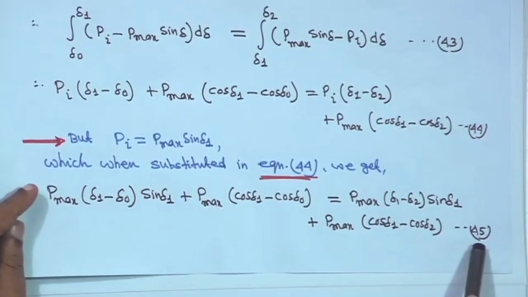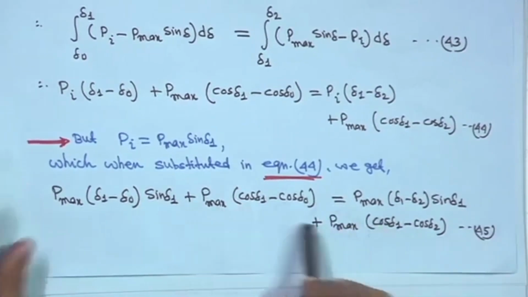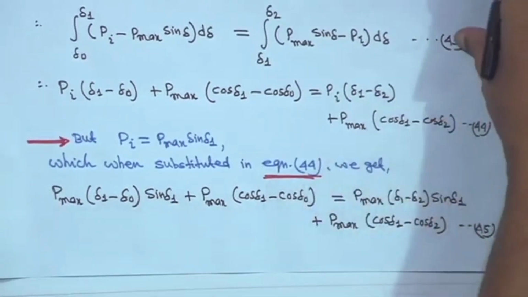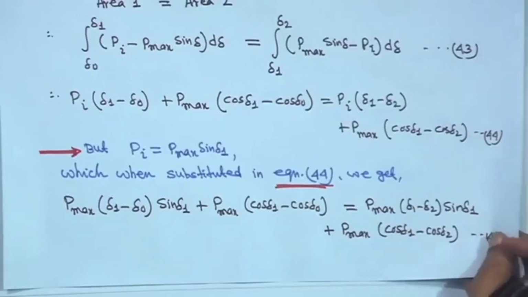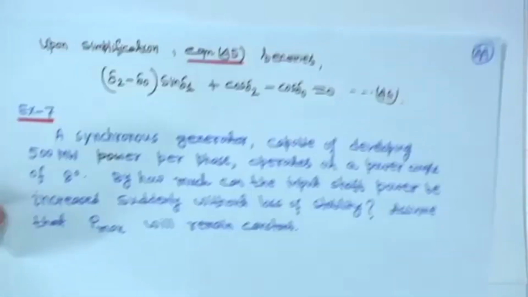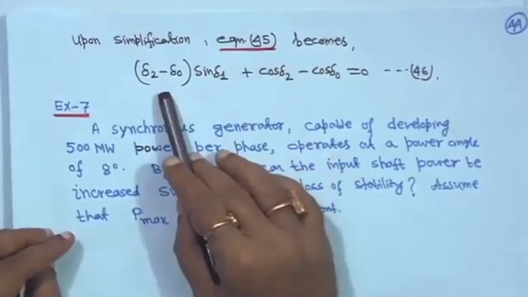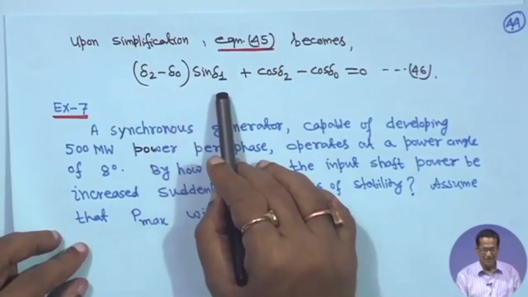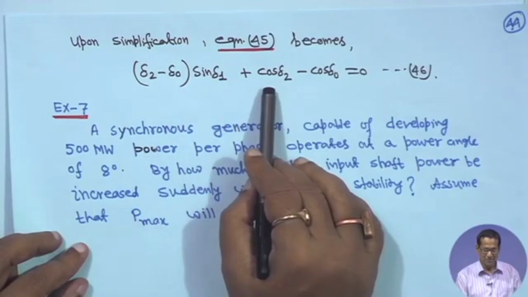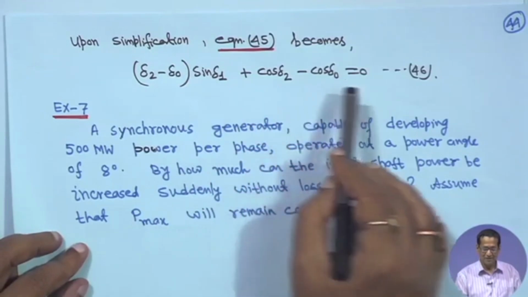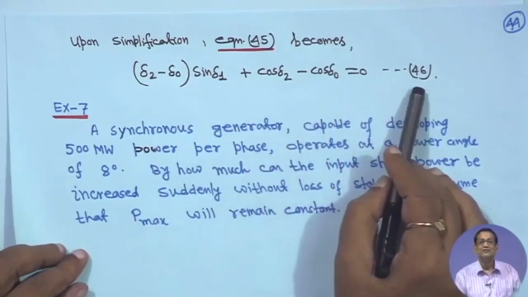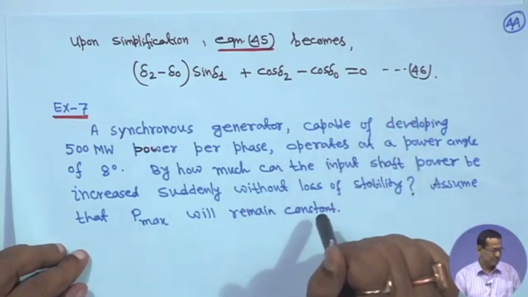This is equation 45. If you simplify this, something will be cancelled. I am giving you the final form: (delta 2 minus delta 0) sin delta 1 plus cos delta 2 minus cos delta 0 is equal to 0. This is equation 46.